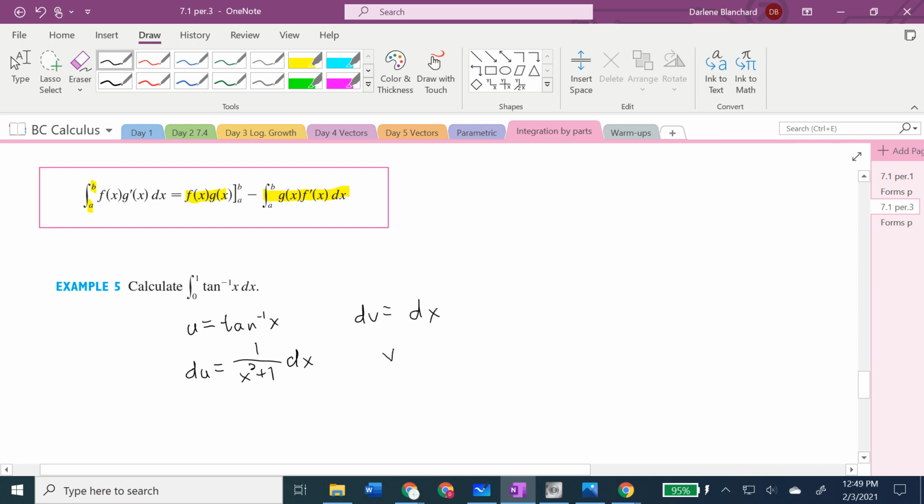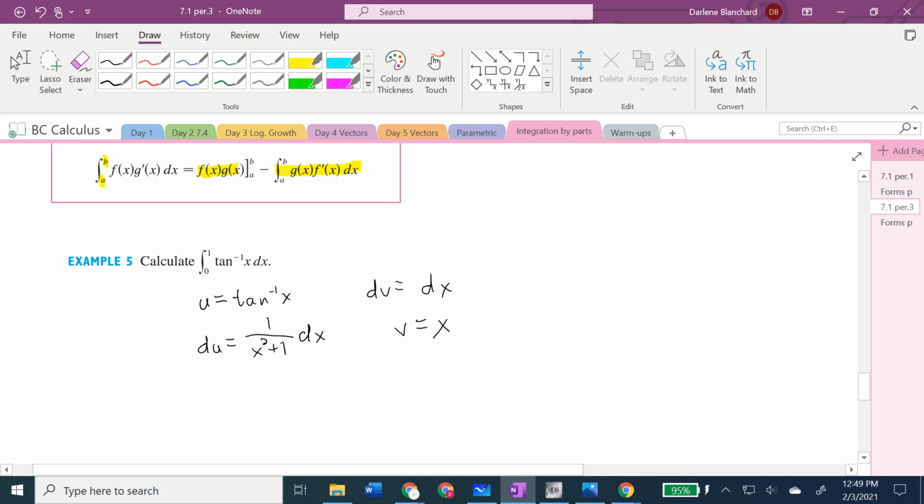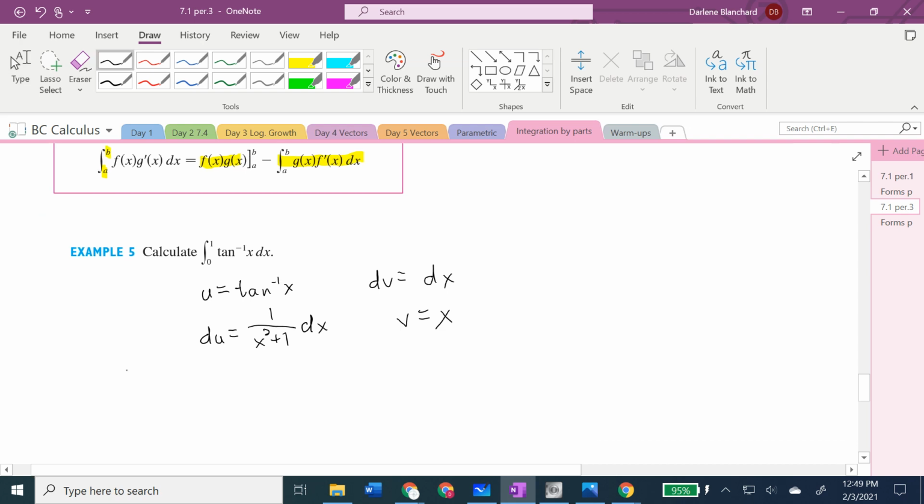And then the integral, so if I stick to the indefinite integral, this is equal to u times v minus the integral of v times du.